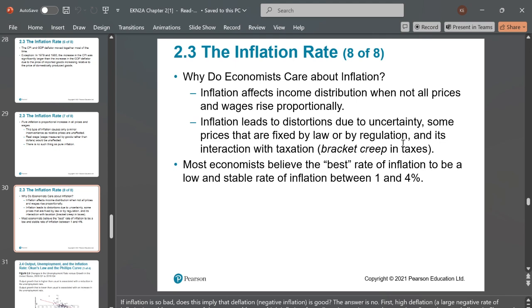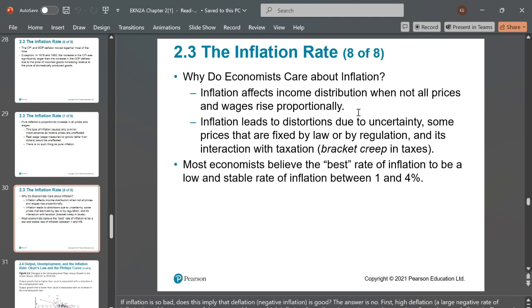Number two, it helps us determine if we are meeting our macroeconomic objective of having equitable distribution of wealth and income. You will remember that in your economics one, you discussed that one of the macroeconomic objectives is to have equitable distribution of wealth and income.